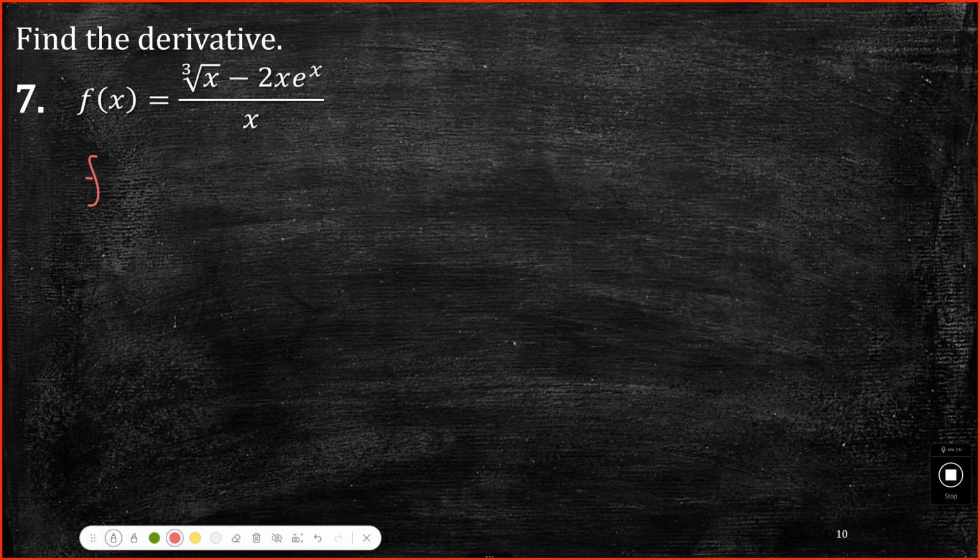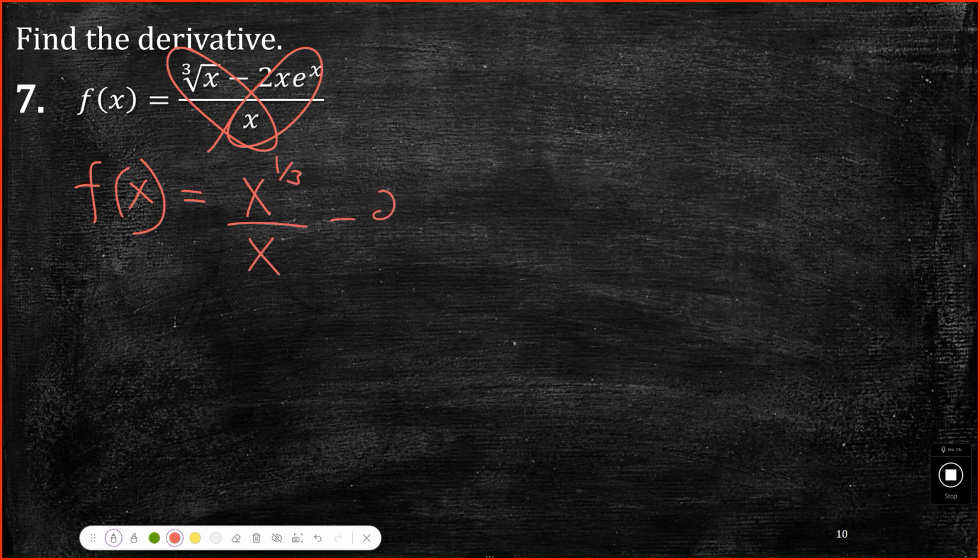Let's do algebra first. f of x is going to equal, let's divide and separate them. So the third root of x will become x to the 1/3 divided by x, and then you've got minus 2x e to the x divided by x. Sometimes you've got to do tricks here.